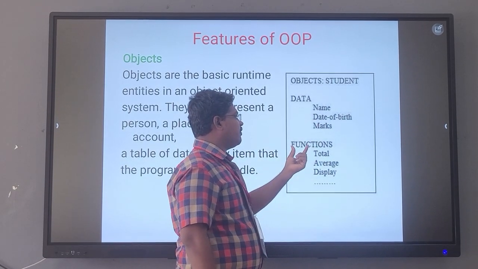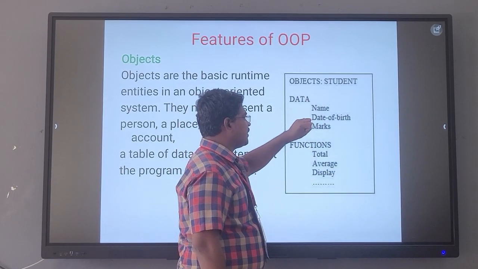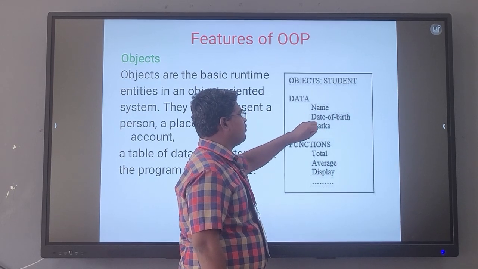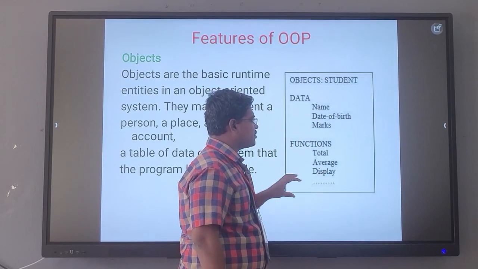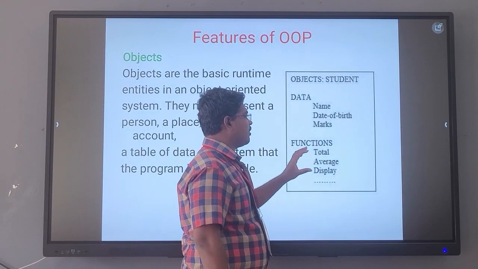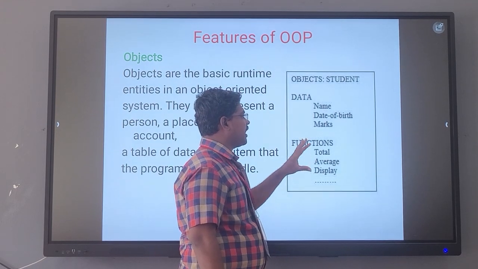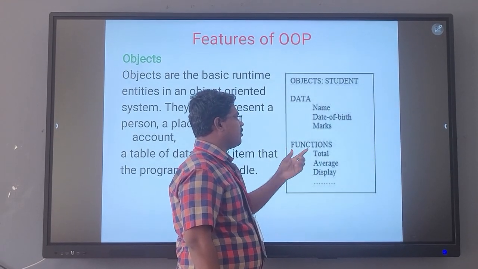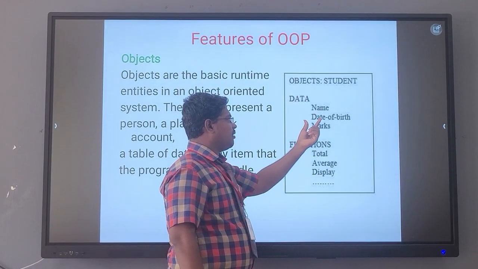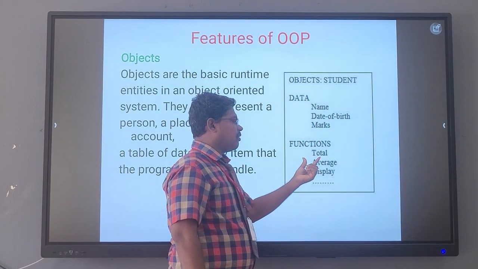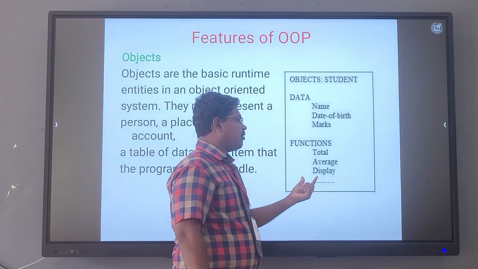These are the data members. Okay. Now the functions. Through this data, the user input, what type of processing you do inside the programs can be achieved only through the functions. Through the input name, date of birth and marks, you can process the total and the average and the display.